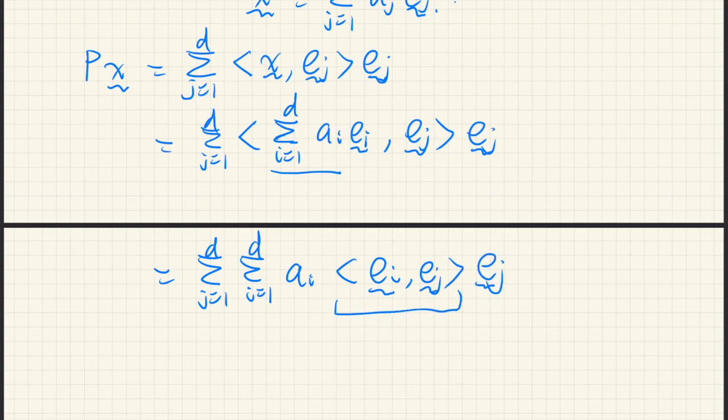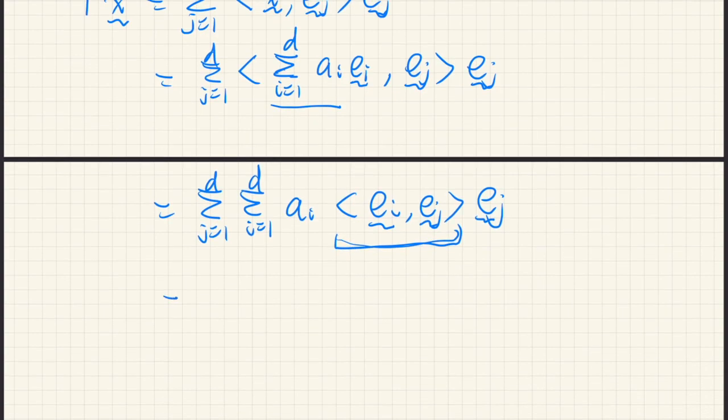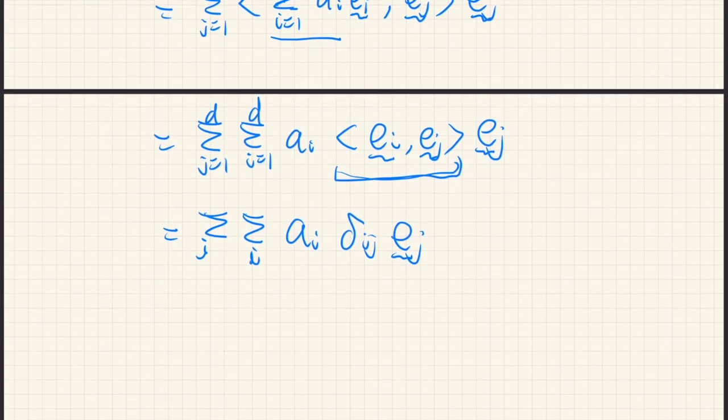Now, since we have an orthonormal basis, this is equal to Kronecker's delta. So we have the sum of ai delta ij, ej. Kronecker's delta is equal to 1 if i is equal to j, otherwise it's 0.